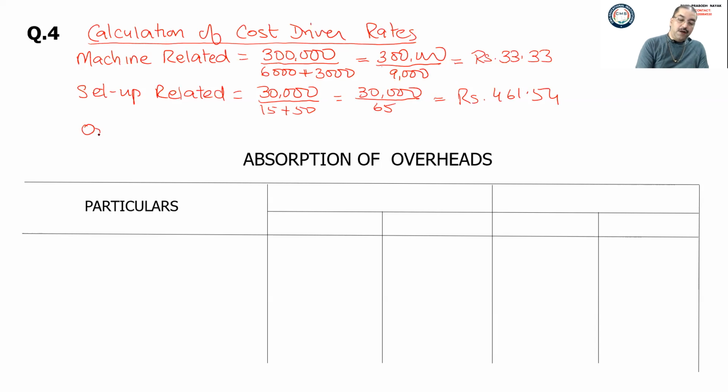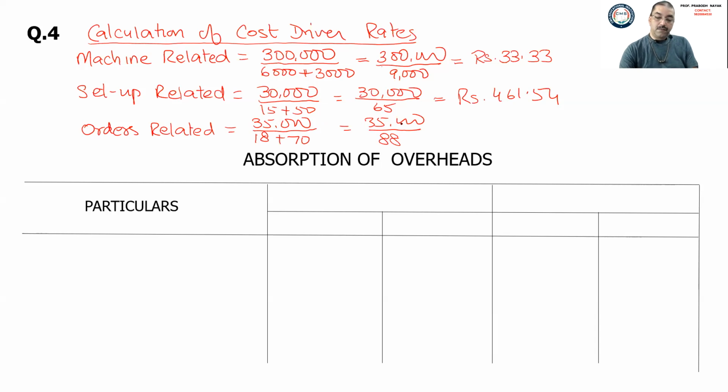Then third one, orders related. 35,000 divided by 18 plus 70. 35,000 divided by 88 is 397.73.